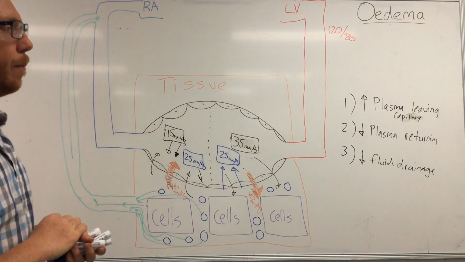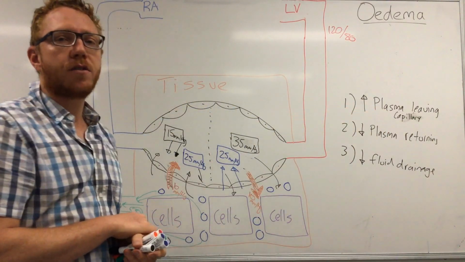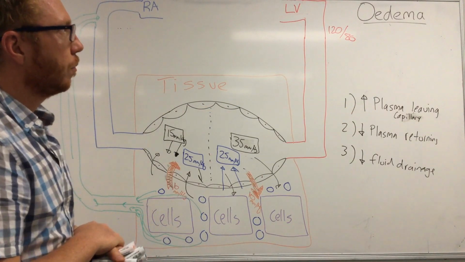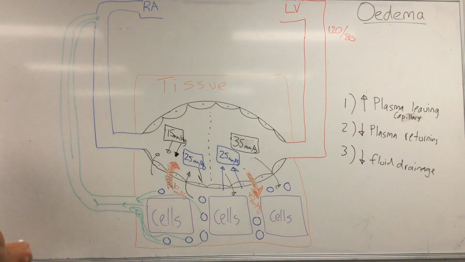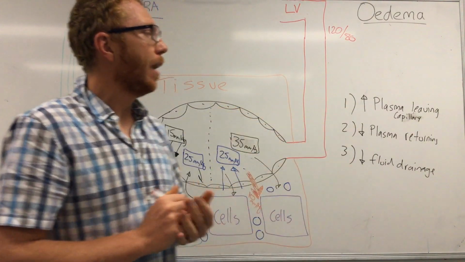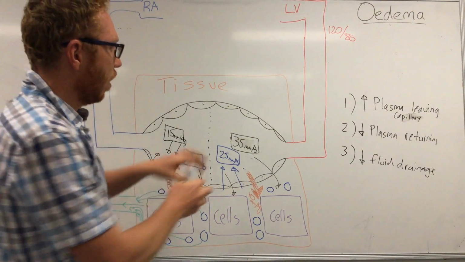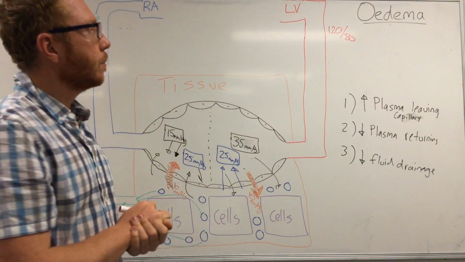So firstly, with number one, this is an increase in hydrostatic forces. So let's start. The main way that you can get plasma leaving the capillary is usually at the arterial or venous end.